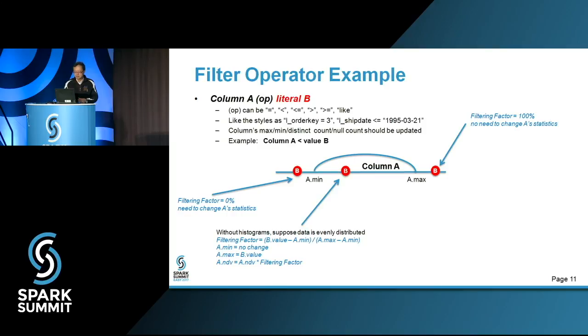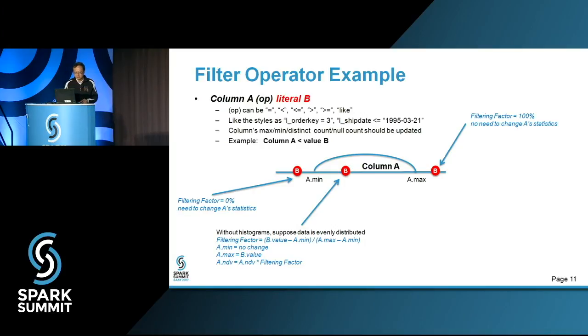If B is located within the range, between A's minimum value and A's maximum value, then without a histogram, we use proration to compute the filtering factor. Here we have the formula: B value minus A's minimum, divided by A's maximum value minus A's minimum value.